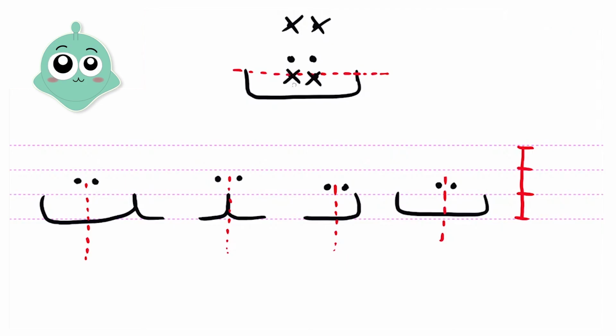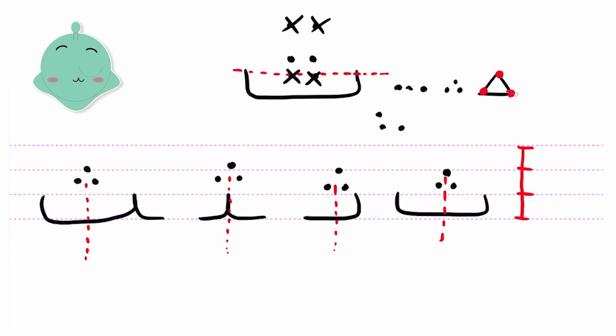Next, we have the letter tha. The only thing we are going to add is a third dot above the two in place from the letter ta, because the two letters are almost identical. We place the dots in the shape of a triangle. We never put them on the same line. They have to form a triangle.